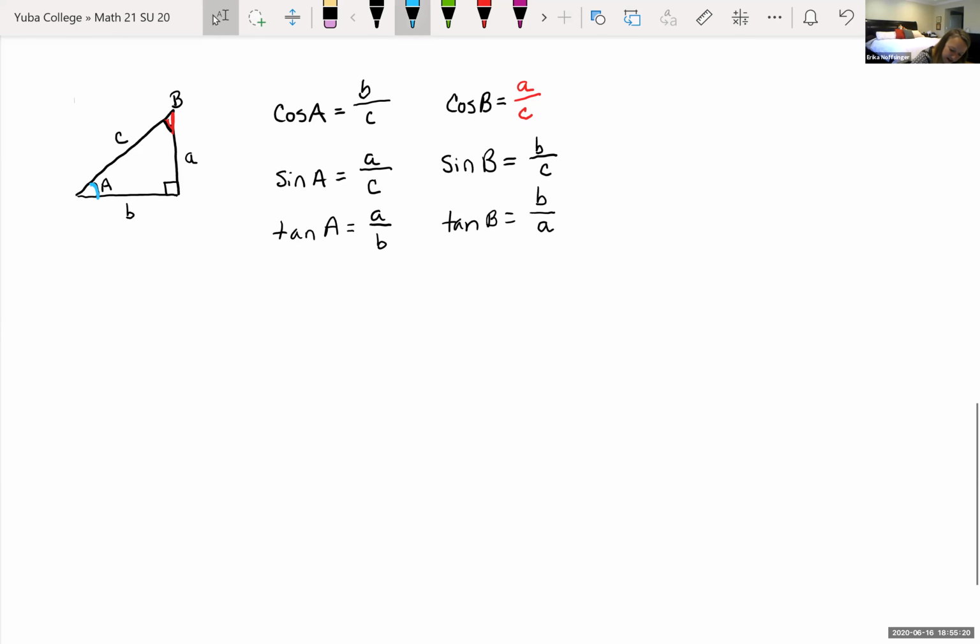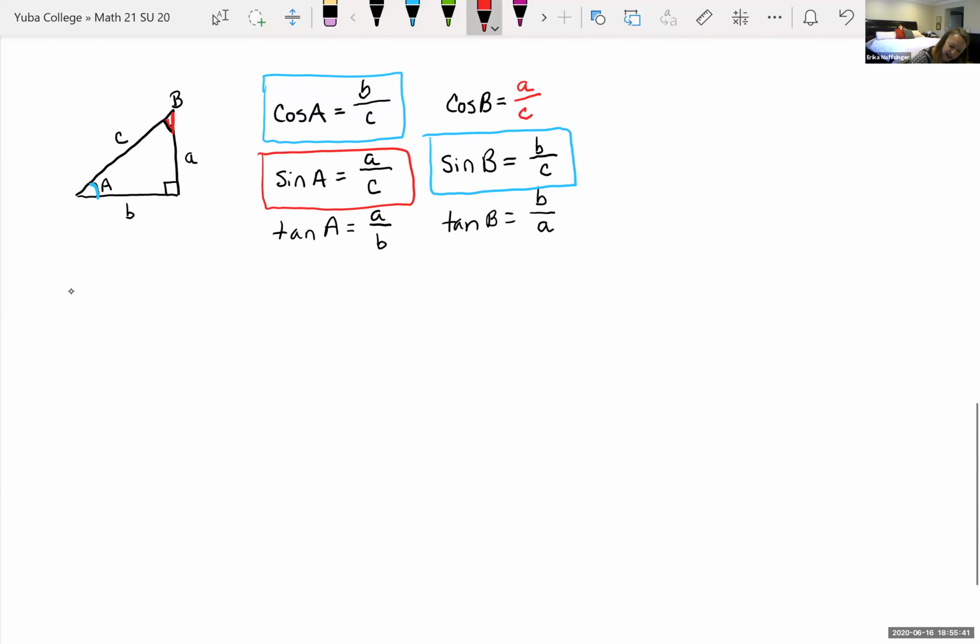Notice this right here, this cosine of A, look at that ratio, B over C. It's the same thing as sine of B. And then over here, notice that sine of A, we found to be side A over side C, looks identical to cosine of B. That's actually not a coincidence. There's actually an identity.